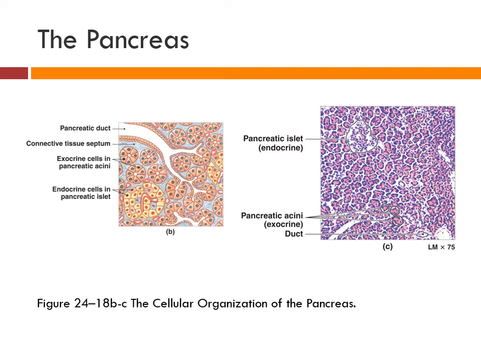So here's a pancreatic islet right there. And 1% of the pancreas has these endocrine pancreatic islets. You can see it over here that it looks different than the rest of this glandular tissue with the pancreatic acini.